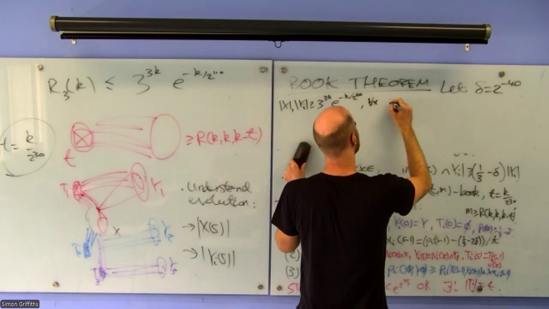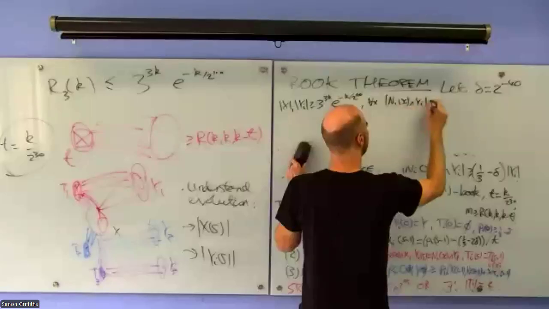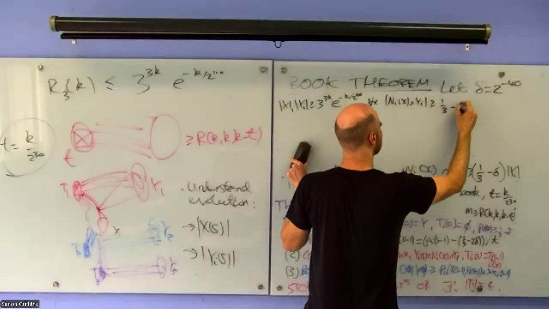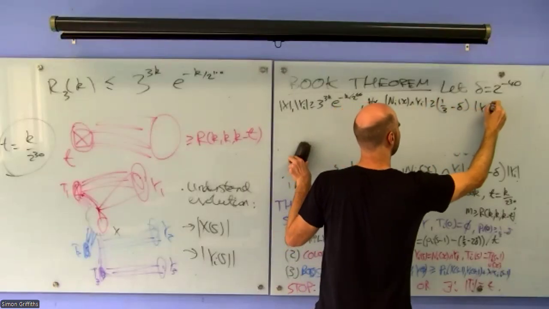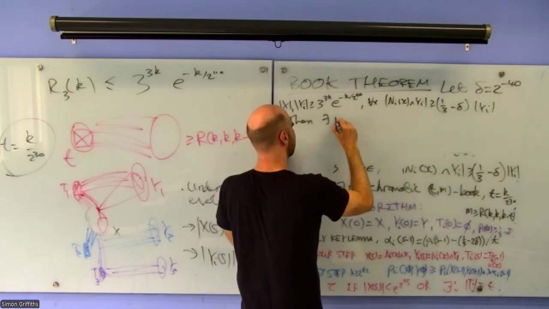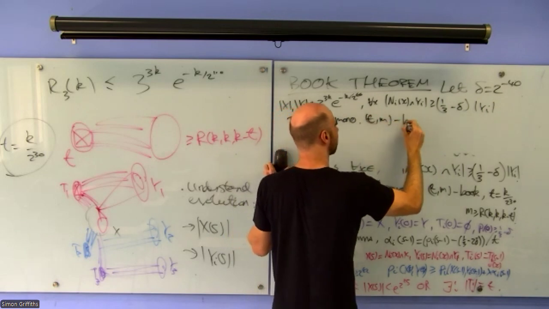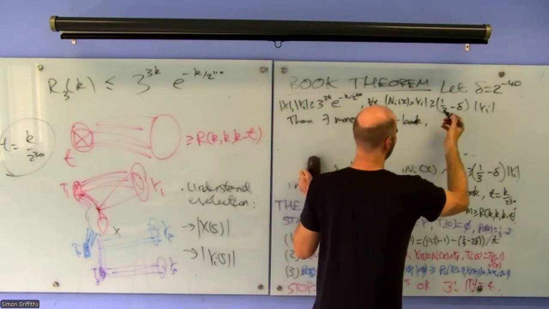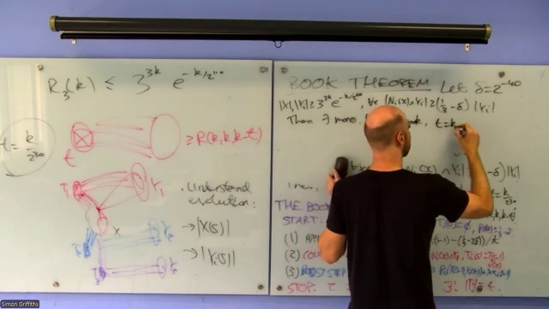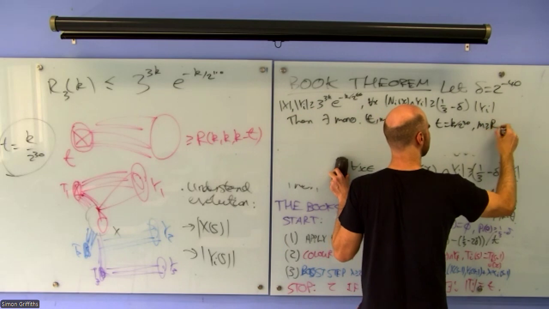For all x, N_i(x) intersect Y_i is at least a third minus delta times the size of Y_i. Then there exists a monochromatic T-m book. And okay, it happens to be that T is k over 2 to 30, and N of these is Ramsey k.